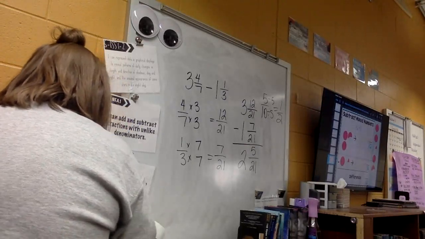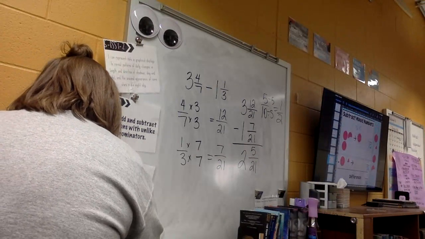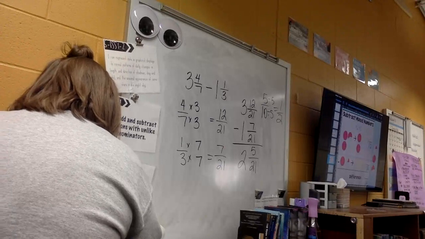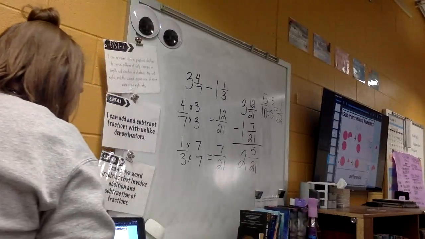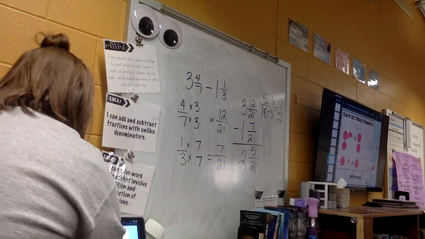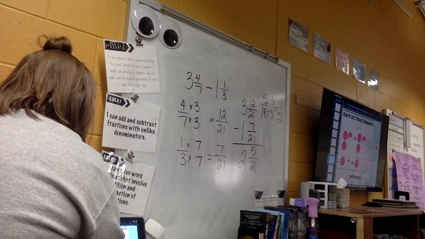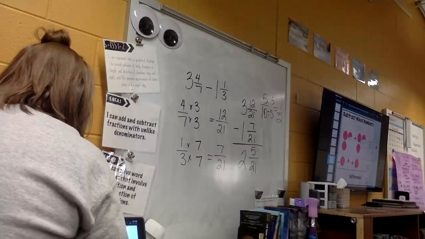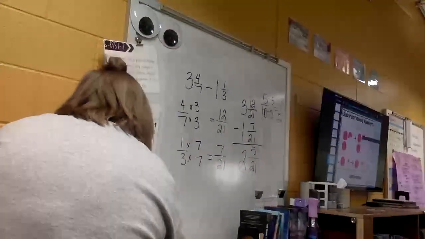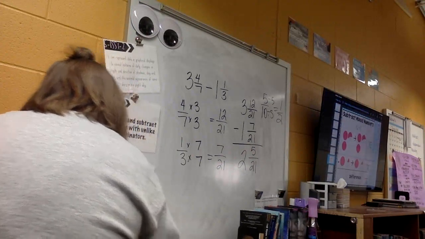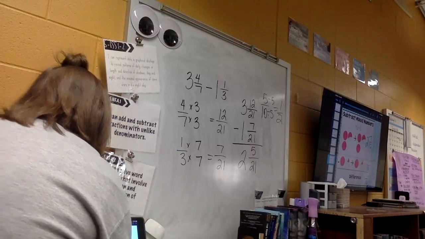Now, my first number is not going to change. So I still have my 2 wholes here, and I still have my 1 whole down here. This one up here is still that. So I still have 2 7/12 here.